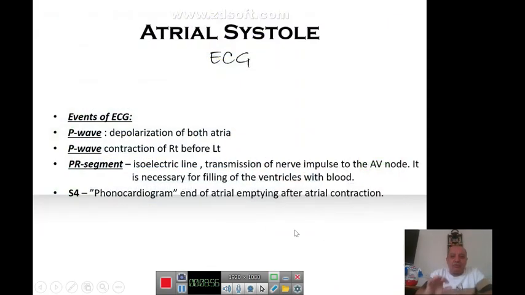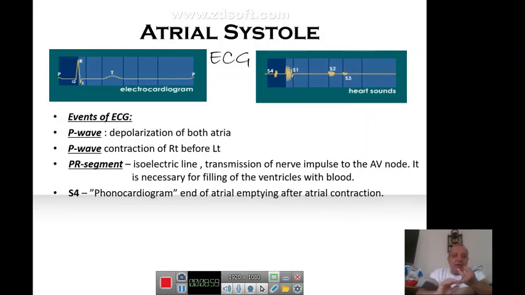We're going back to the most important things. First, we have the P wave during ECG, because the ECG events consist of P wave, Q, R, S, and T. So the first wave is the P wave, which actually represents the depolarization and contraction of the atria. We are talking about right atria and left atria. This is number one. Number two, the P wave represents excitation of the right before the left, but practically we have contraction of both atria as one unit.